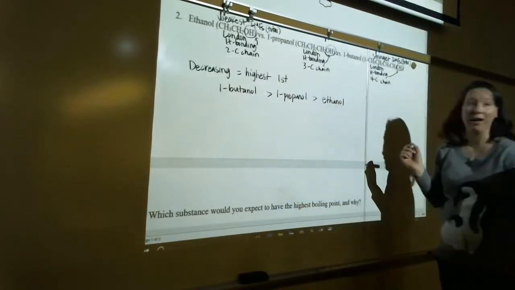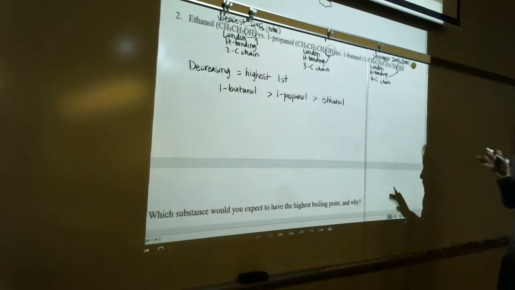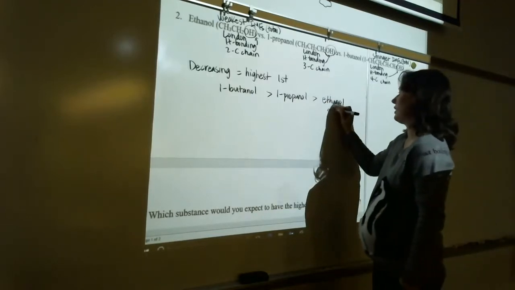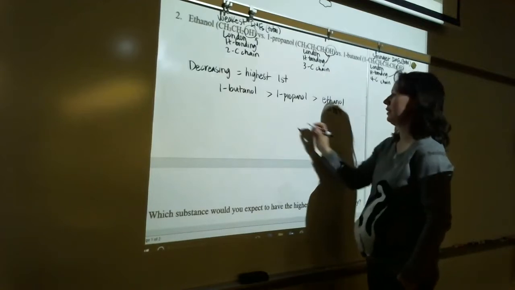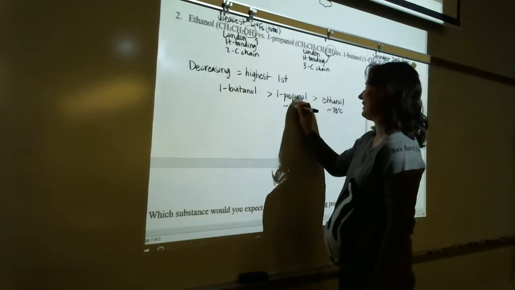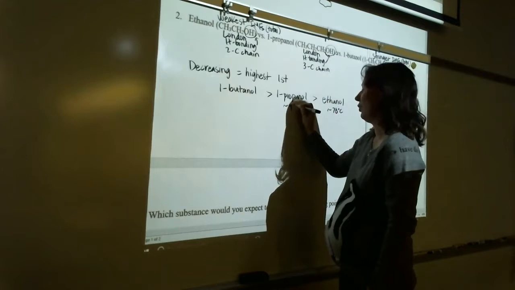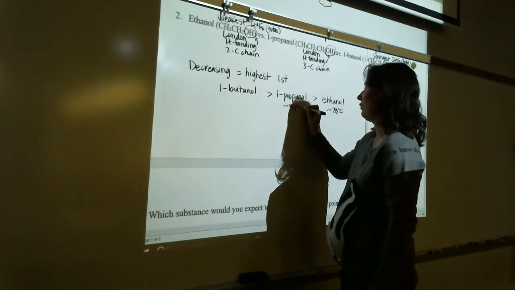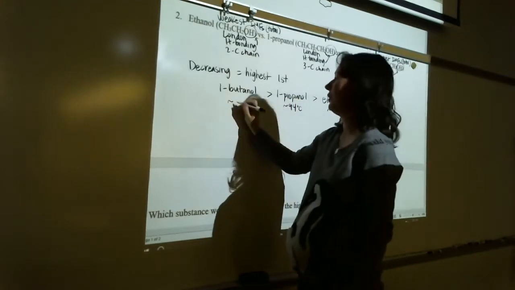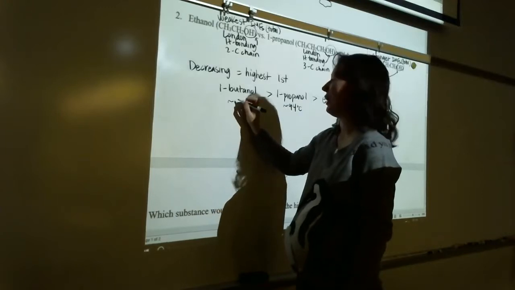And it's not an insignificant difference. Ethanol is about 78 degrees Celsius. Propanol's in the 90s. It's like 93, 94, 95. Call it 94. And butanol, it's like 117, 118.